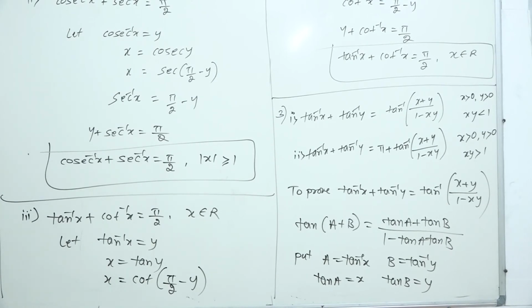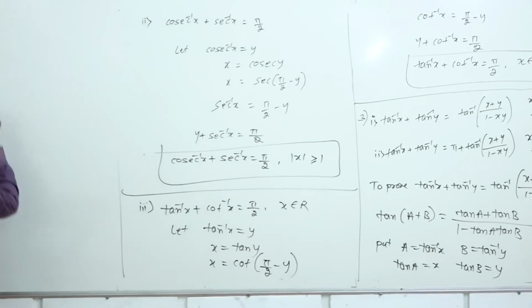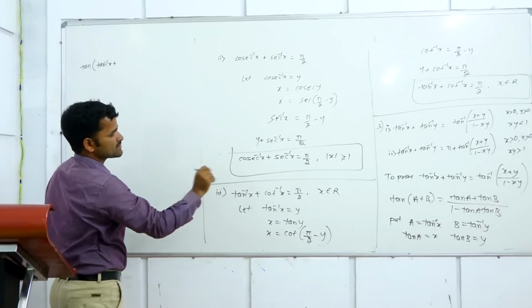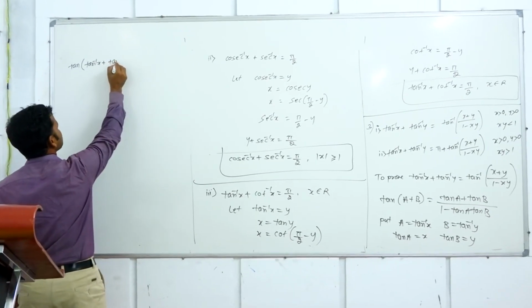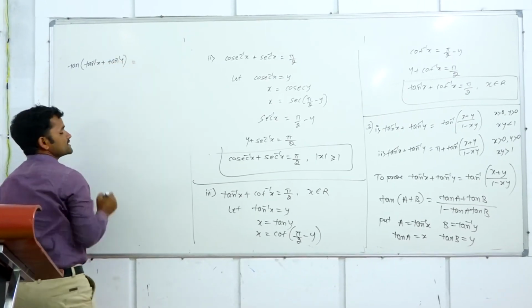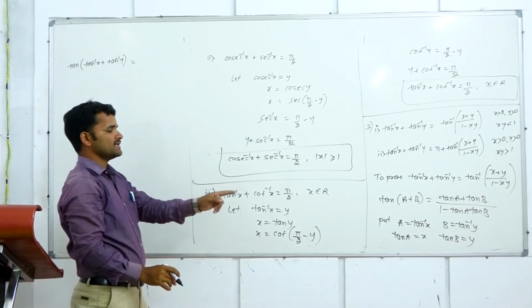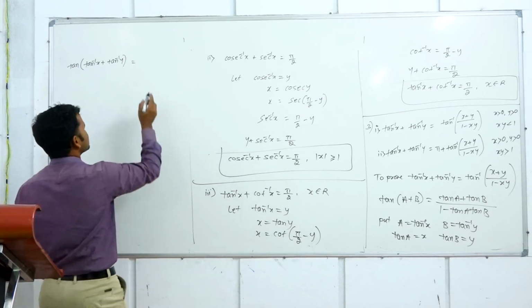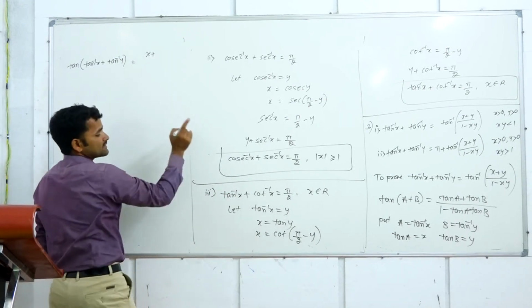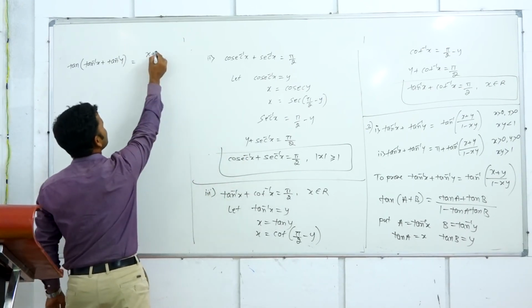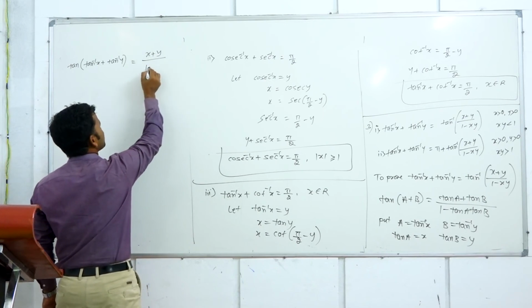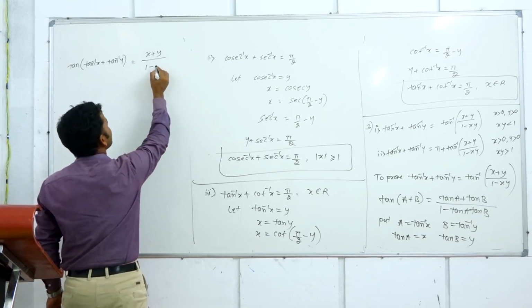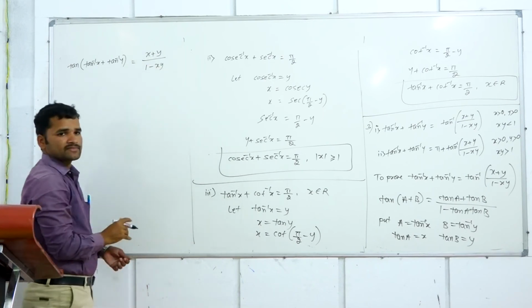Tan of, in place of a I am substituting tan inverse of x, plus in place of b I am substituting tan inverse of y, which is equal to the right hand side: tan a is x, plus tan b is y, divided by 1 minus of x into y.